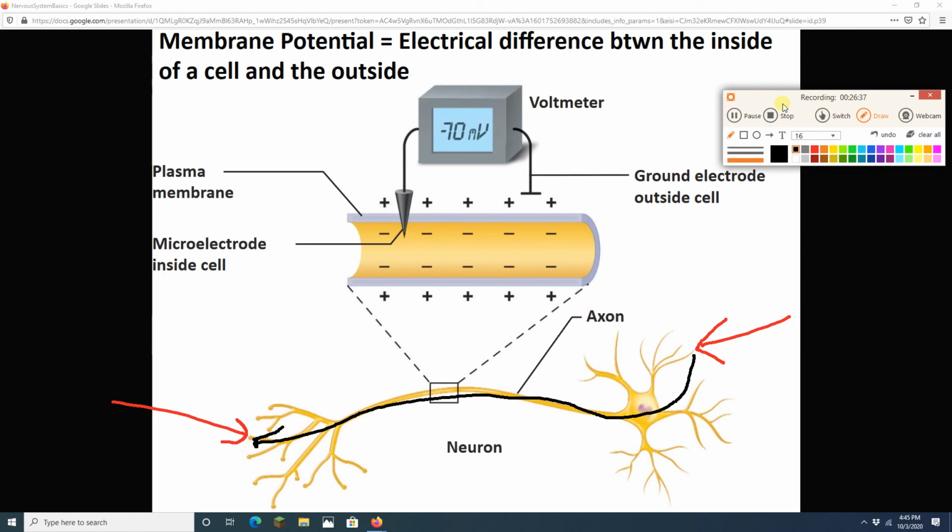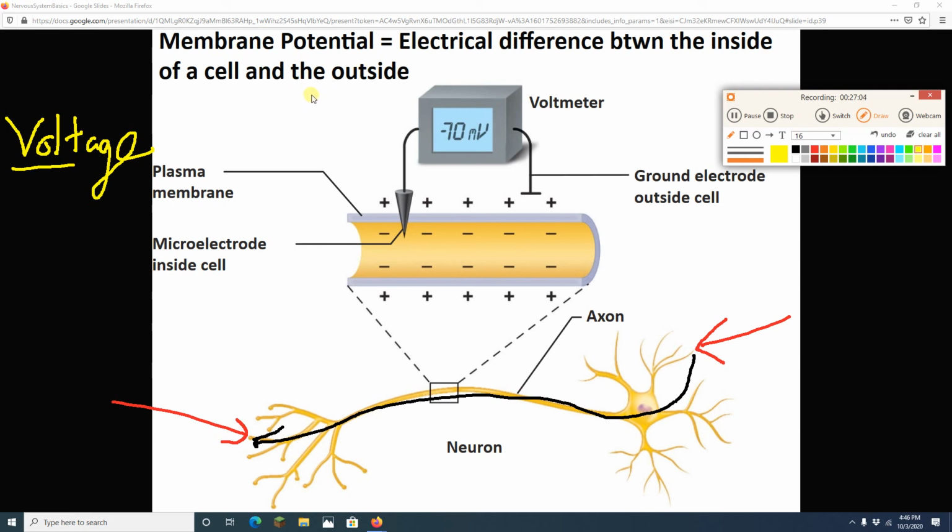Okay? And now in order for neurons to use electrical signals, neurons are going to have what is called a voltage. Neurons have to have voltage. You know this word, of course you do. So neurons have a voltage.